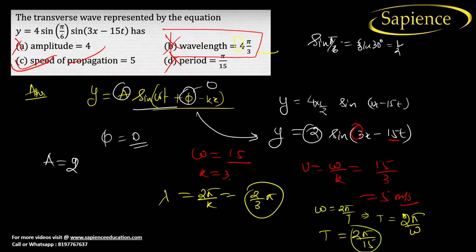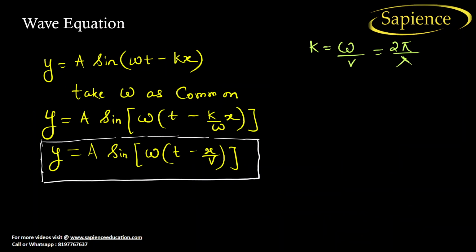Okay, now let us go further with the wave equation. We have seen that y is equal to a sin(ωt − kx). Now one more thing, always remember k is equal to ω by v, and this is equal to 2π by λ. Now take ω as a constant.